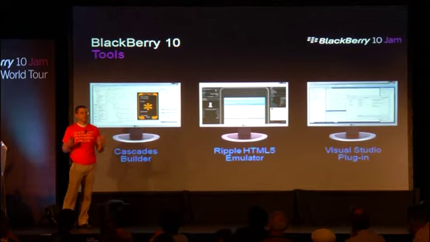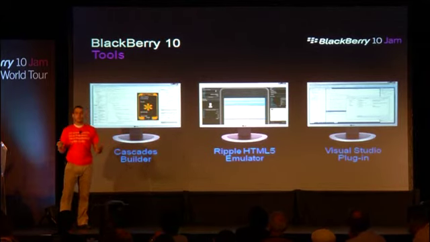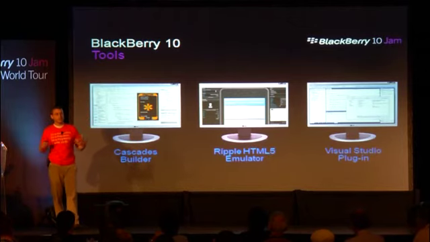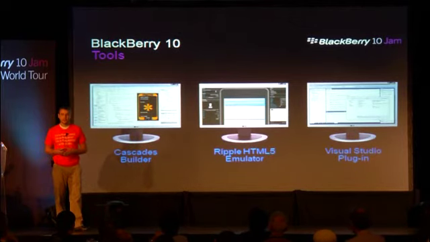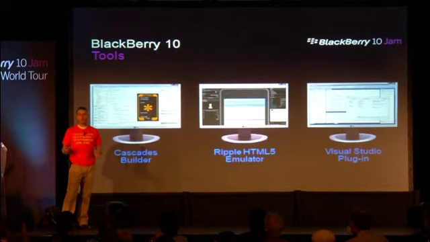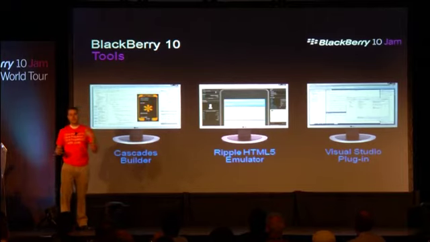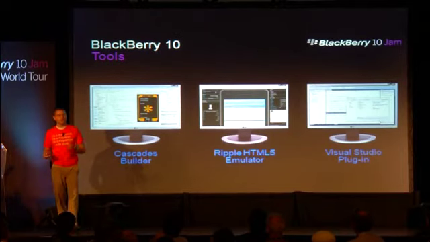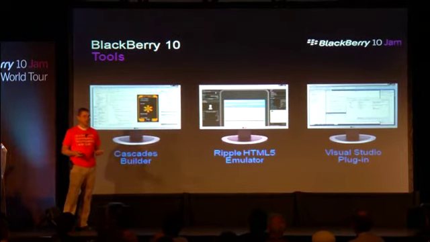It's hard, right? We're looking for something modern and easy to use, and we've been wanting to put a lot of effort into our tooling. So from a Cascades perspective, we've got full quick view previews of your UI. Your UI is a declarative model, which is quick and easy to edit.